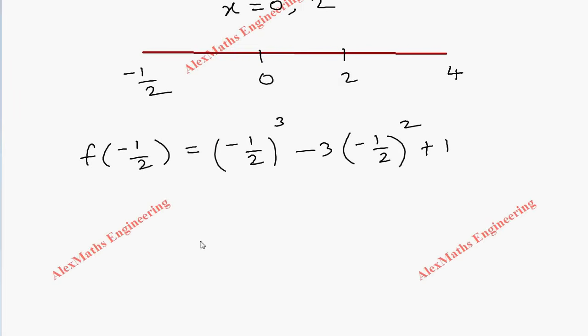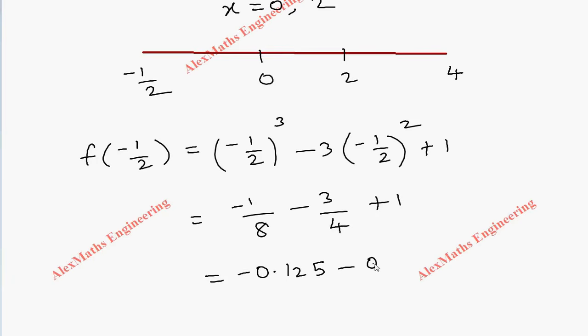So plus 1. We get minus 1 by 8. And this will become plus 1 by 4. So minus 3 by 4 plus 1. After simplification, we get this as minus 0.125 and this is minus 0.75. The last value is plus 1.